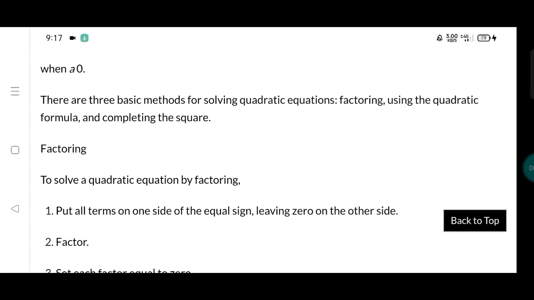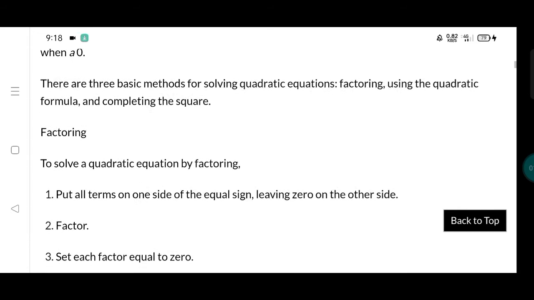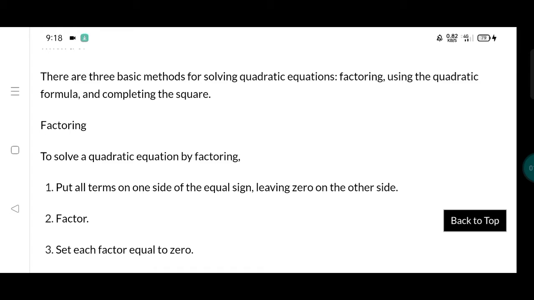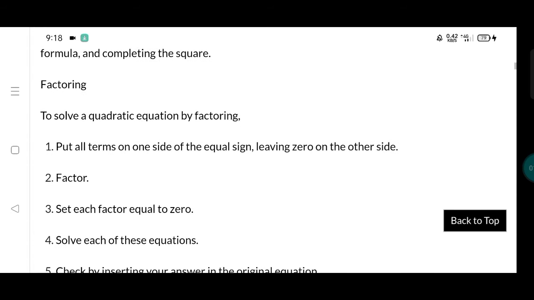To solve a quadratic equation by factoring, first put all terms on one side of the equal sign, leaving 0 on the other side, so it will be like ax squared plus bx plus c equals 0. Number 2, factor.